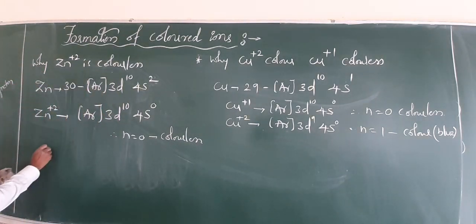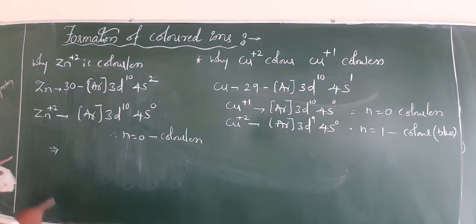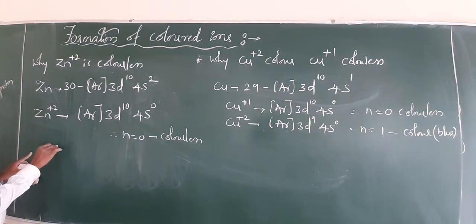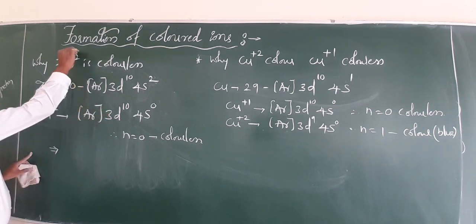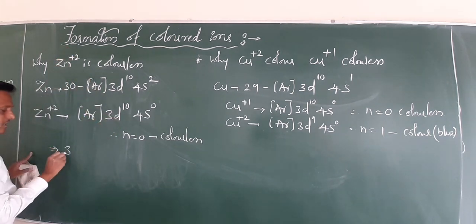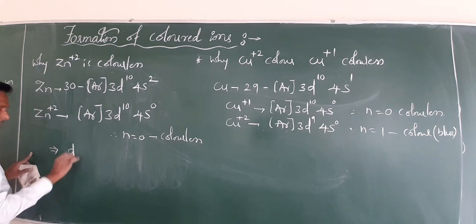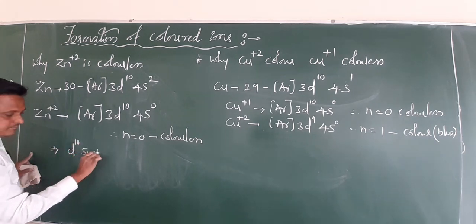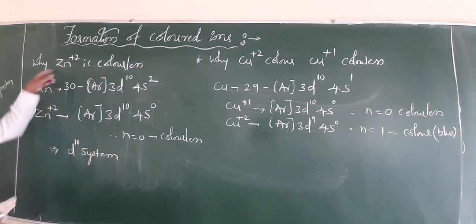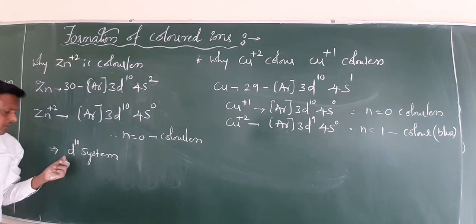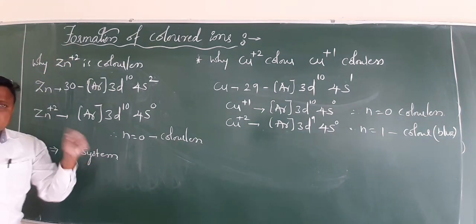This is very important for 2 marks. If this question is asked for 1 mark, or in a competitive exam, you can use the direct answer: why is zinc +2 colorless? Because it has a d10 system. When you write why zinc +2 is colorless, say it has a d10 system.